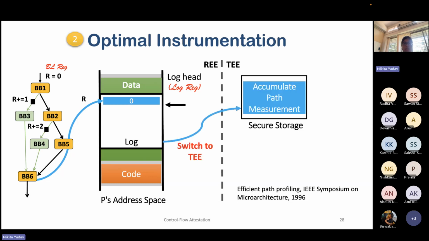Whenever you write these path IDs in this log, every integer path ID corresponds to a unique acyclic path. And whenever this log becomes full, you switch to the TEE and accumulate. So in contrast to C-FLAT and OAT, it records fewer times. Therefore we are able to reduce the size of the log, and also the number of times that we have to switch to the TEE.